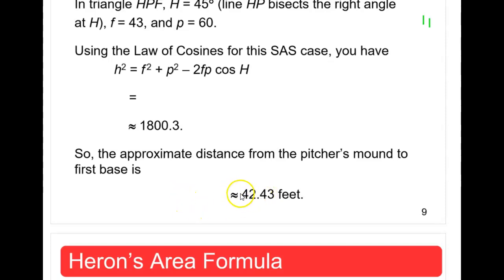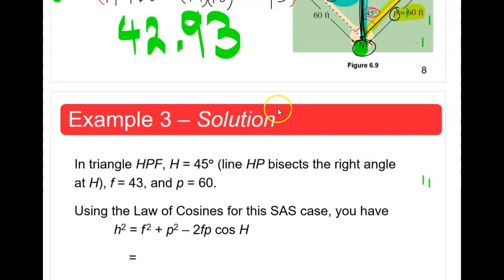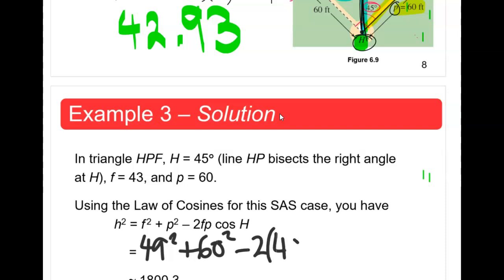You can see that the answer from the next slide says 42.43. But here, what I am assuming is that they entered the substitution that we had done with the 49 squared plus 60 squared minus 2 times 49 times 60 and then cosine of 45.